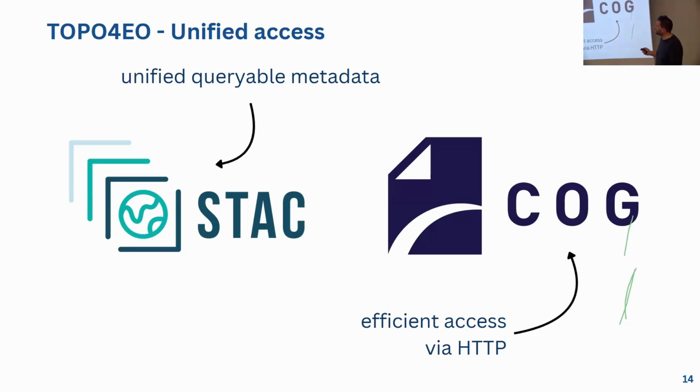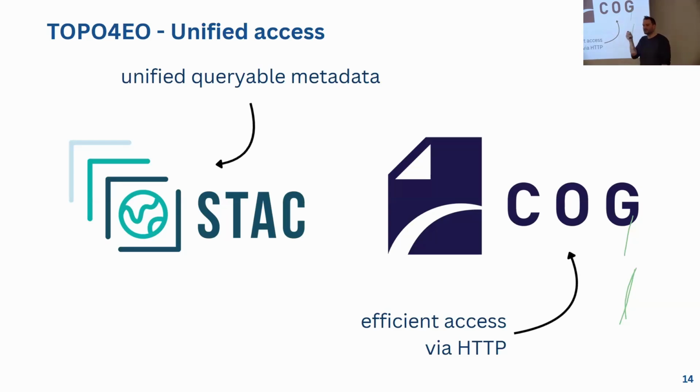But as I said earlier, it's not only about data access, it's also about finding data. And here, STAC, the Spatiotemporal Asset Catalog, has in the last 5 years really established itself as a very common way of representing metadata for satellite data. The idea of STAC is that it's not about a product, not about satellite data, not about raster data, it's about spatiotemporal assets.